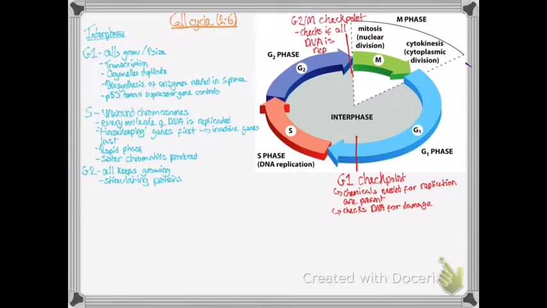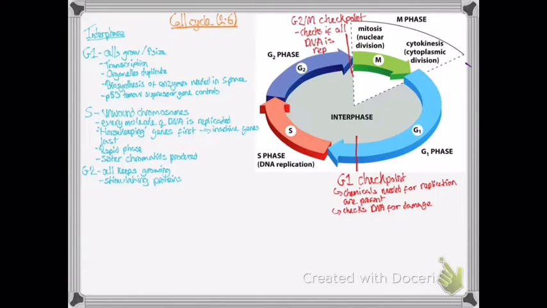So whatever source it tells you, at some point during interphase, depending on the cell, it can be G1, S, I don't know if it can be G2, at some point the centrioles will divide and they will split during prophase.